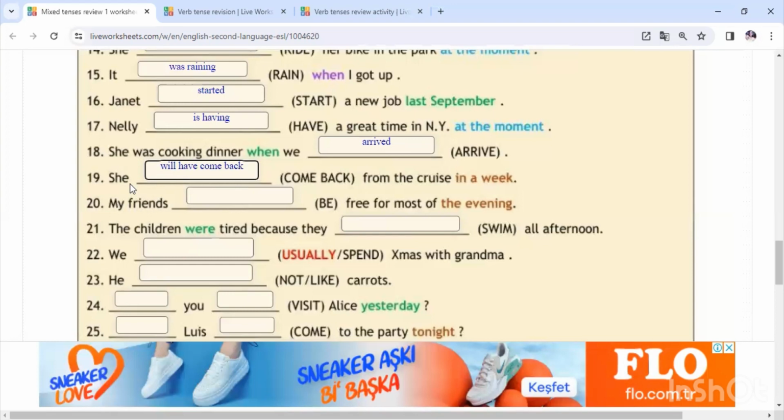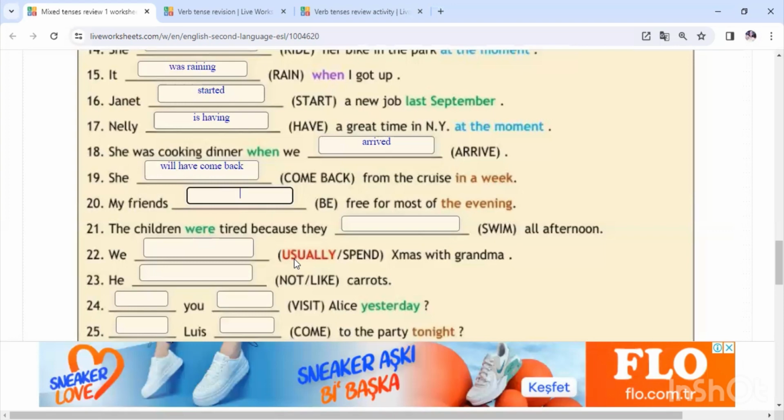Çağlar, it's your turn. My friends will be free for most of the evening. Could you please repeat that? My friends will be free for most of the evening. So this is be.